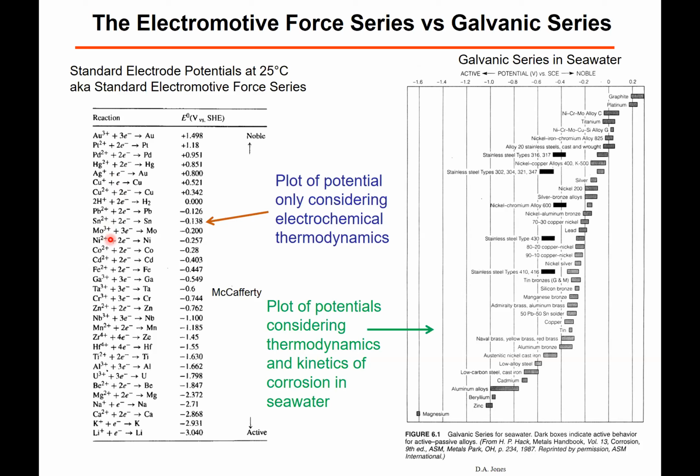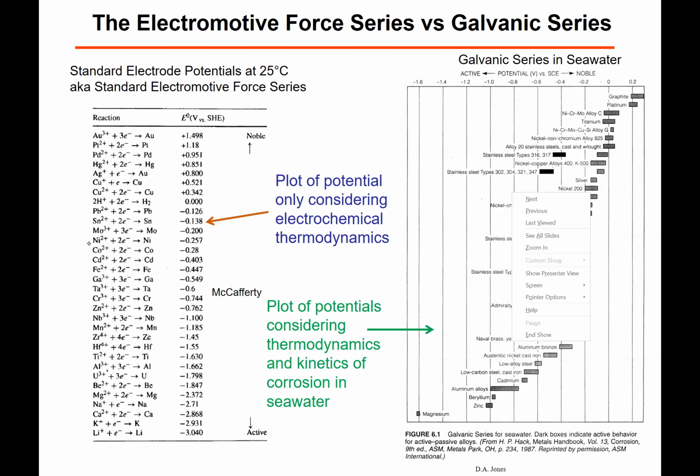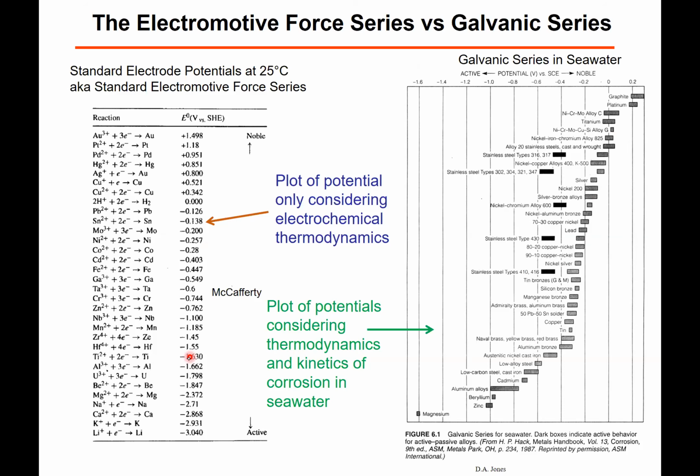You can see that sometimes in different environments like seawater, here the galvanic series in seawater, materials can be flipped. Titanium here is more reactive, but here titanium is more noble relative to nickel, whereas nickel here is more noble than titanium.